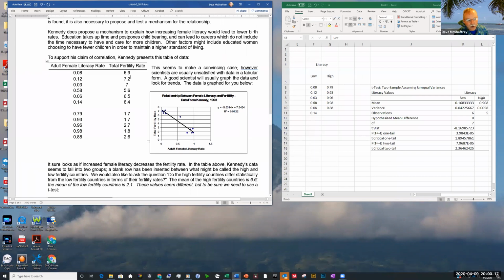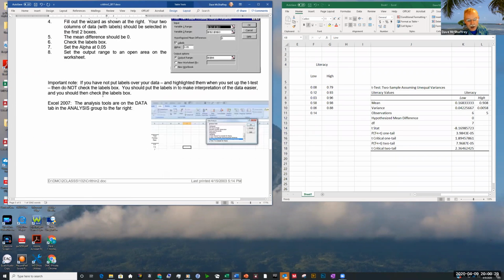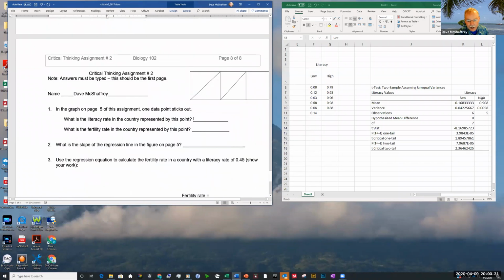We could also come over here and say, oh, geez, that one right there has a literacy rate of about 0.58 and a fertility rate of about 5.6. Maybe that is it. So we would come down here and type in literacy rate 0.58. Okay, you get where I'm going? So you shouldn't have a problem with that one.